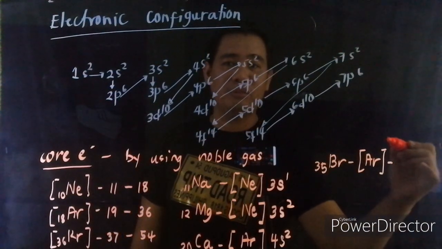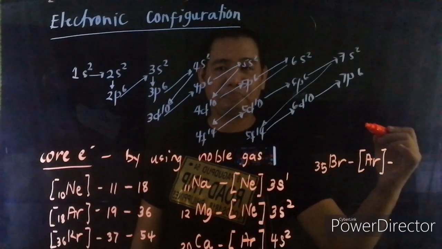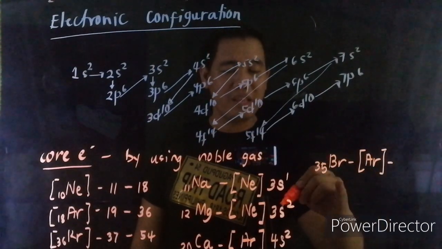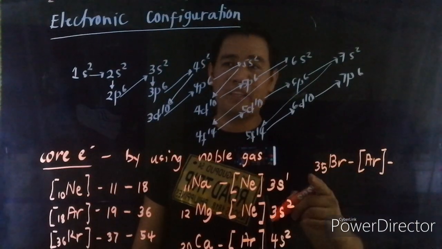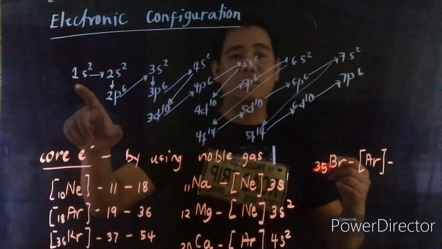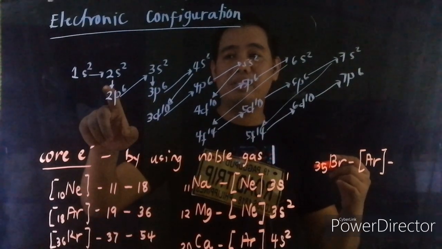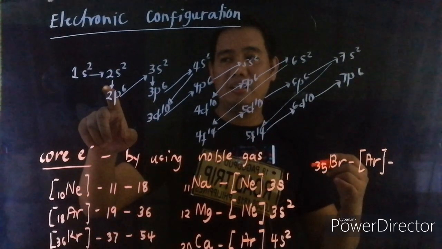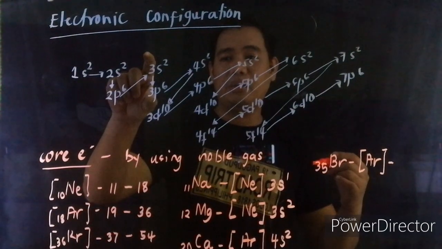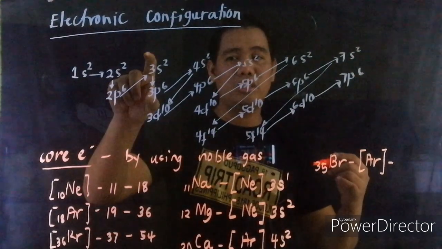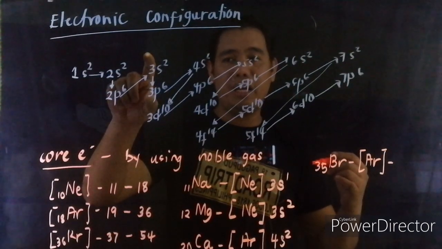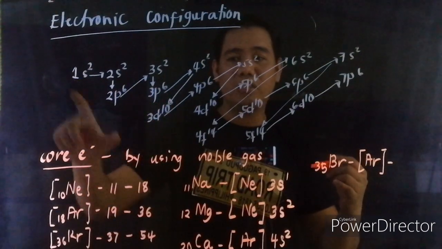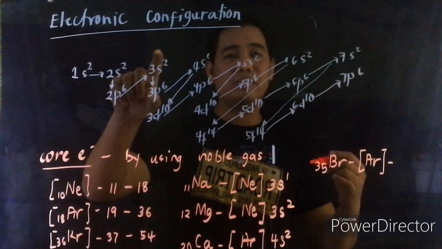For bromine, the first 18 is here. So we have 2 plus 8, so that is 10. Then that one is 8. So 18. So that is for argon core. Now what is left is 17.